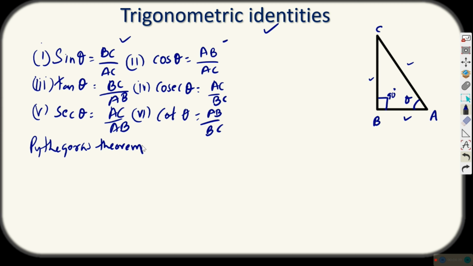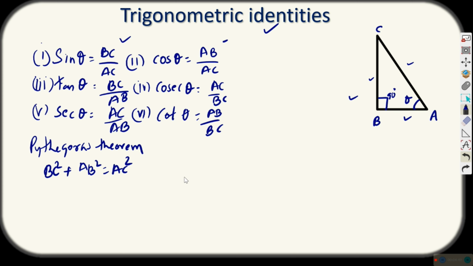According to Pythagoras theorem, if you apply it in this particular triangle, what will we write? Hypotenuse square is equal to the sum of the squares of the other two perpendicular sides. So here we have BC square plus AB square is equal to AC square. We applied Pythagoras theorem in the given triangle.